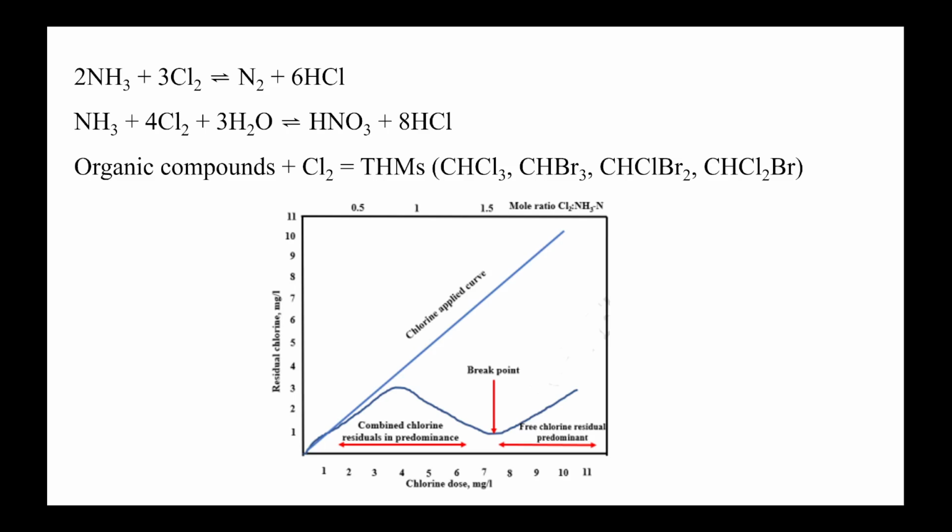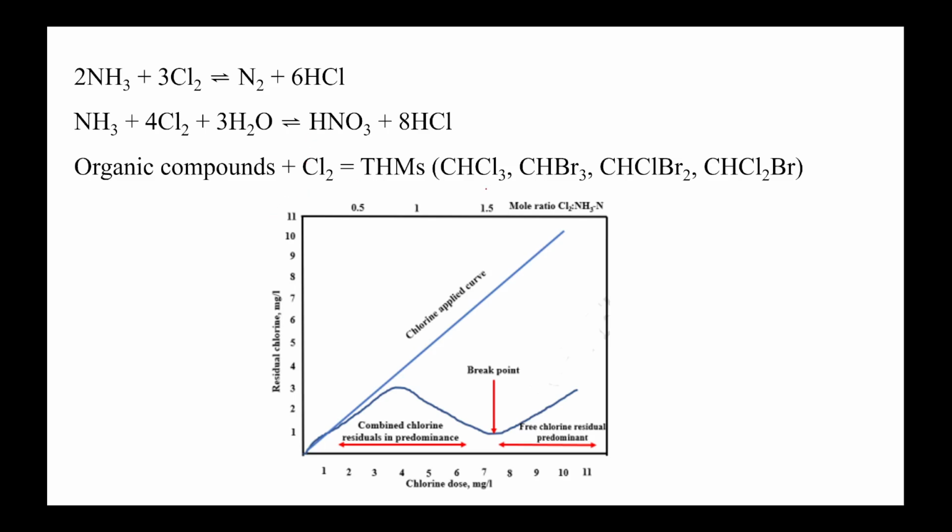Okay, so you can see the reactions written here. Ammonia will react with chlorine to form nitrogen and HCl, hydrochloric acid. Also, ammonia in the presence of water, when it reacts with chlorine, will get converted into nitric acid and hydrochloric acid. And different organic compounds, when they react with chlorine, will form trihalomethanes.